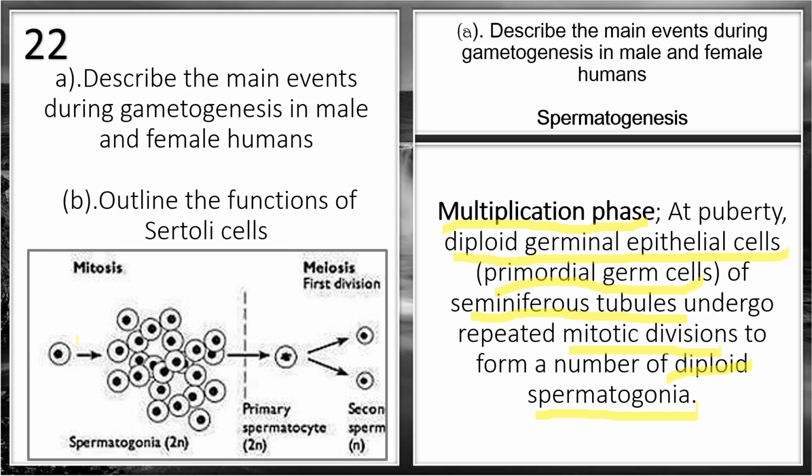So we have our diploid germinal epithelial cell, or what we call the primordial germ cell. This one undergoes mitotic division and produces very many cells, which we call spermatogonia, and all of them are diploid.